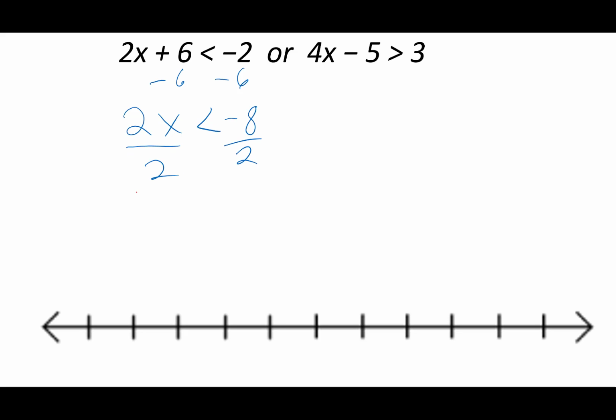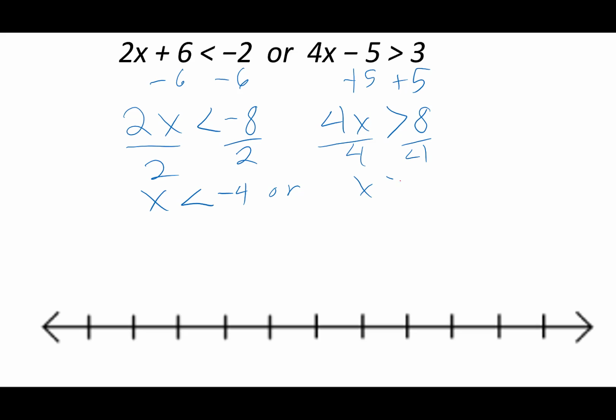We get x is less than -4. Or add 5 to both sides. We have 4x is greater than 5 plus 3, which is 8. So x is greater than 2.